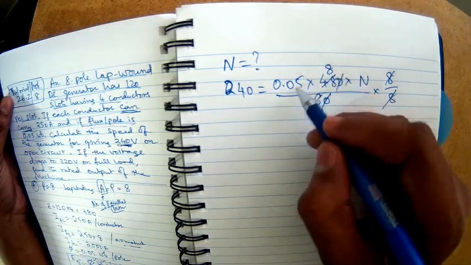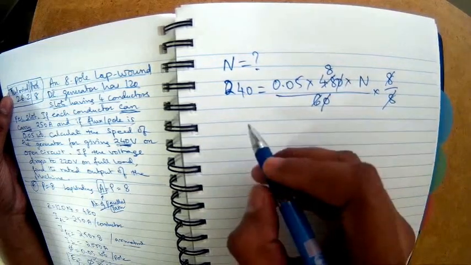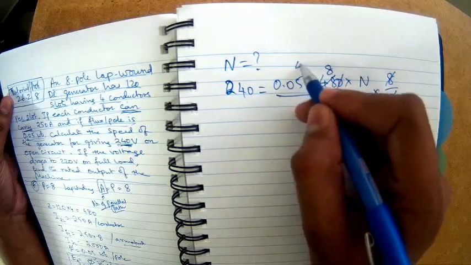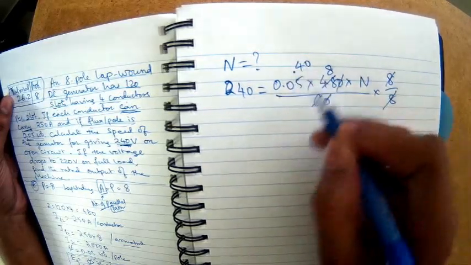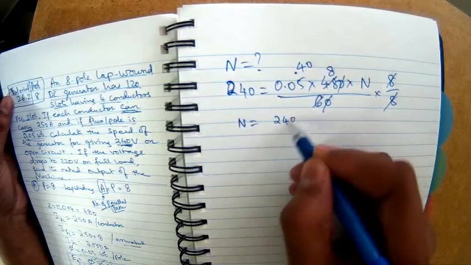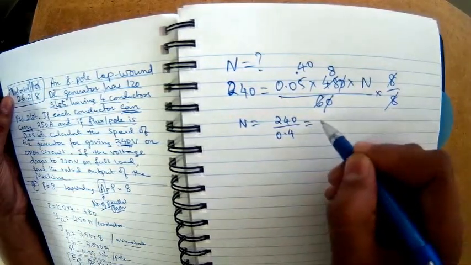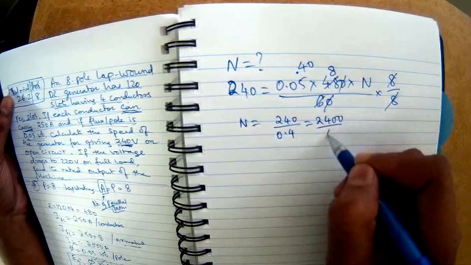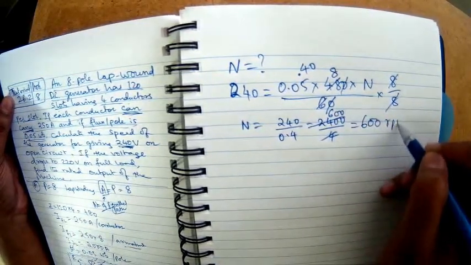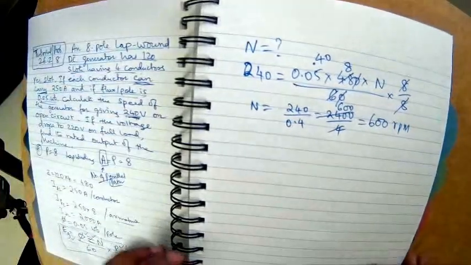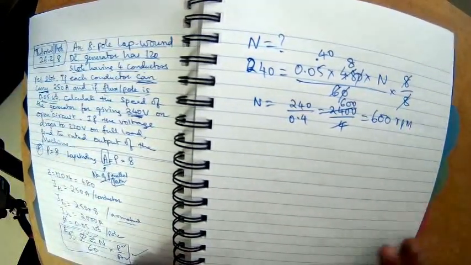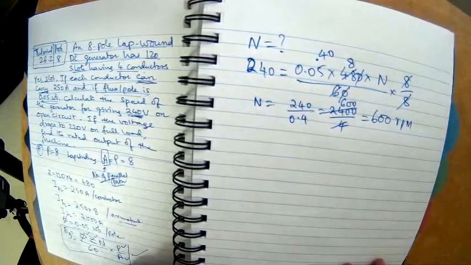And this 8 and 0.05 will come here. 8 5s is 40, so it is 0.4 here. So finally I get N is 240 divided by 0.4, which is 2400 by 4, 600 revolutions per minute. I could have used a calculator for this, but since the calculation seemed easy, I did it myself.